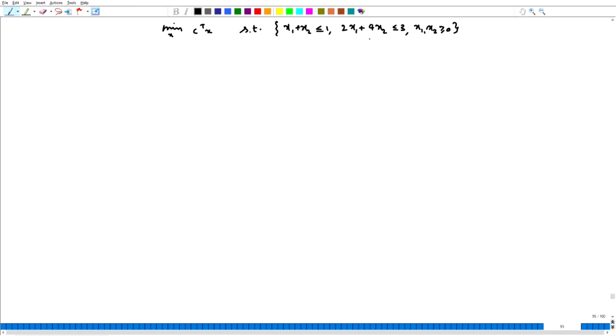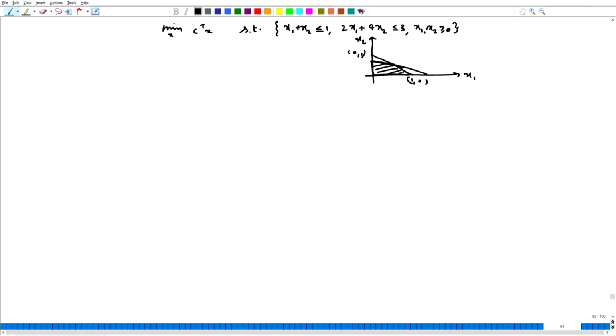We have x1 and x2, and x1 plus x2 less than or equal to 1 will be here. This will be (1, 0) and this is (0, 1). 2x1 plus 4x2 less than or equal to 3 starts at 3/4 here and ends at 3/2 here. Roughly this. So the feasible set is a quadrilateral.